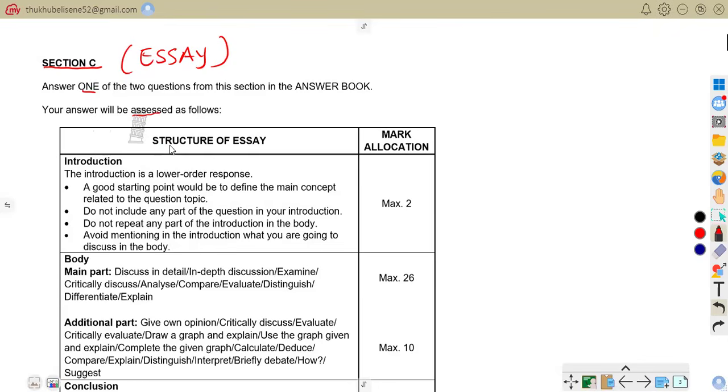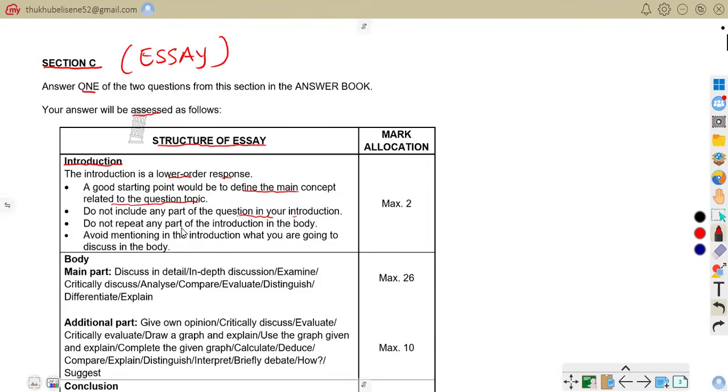So now we are coming to the structure of an essay. Make sure that when you write an essay, you have an introduction. The introduction is a lower order response. A good starting point would be to define the main concept related to the topic of the essay. Don't include any part of the question in your introduction.